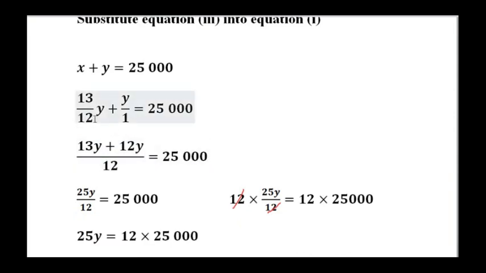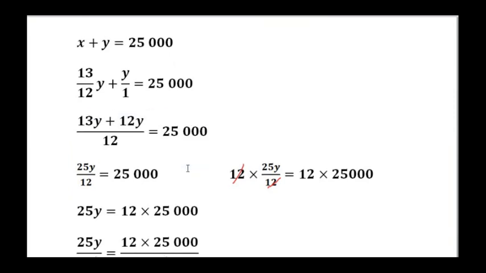Now if we take the LCM of 12 and 1, which is 12, the first step is to divide this LCM by the first denominator 12, which gives us 1, and next multiply this quotient 1 by the first numerator 13y. We get 13y. Again, I'm going to multiply LCM 12 by the second denominator 1, which gives us 12, and if you multiply the quotient 12 by the second numerator y, we get 12y equals 25,000.